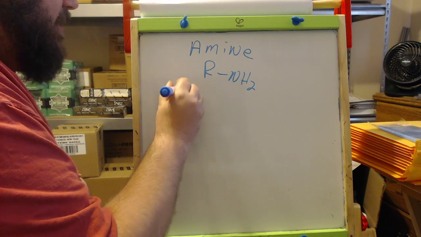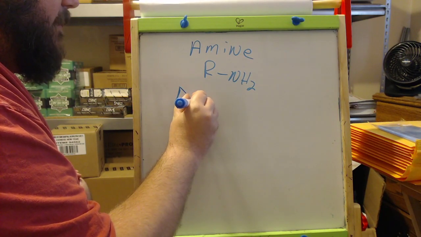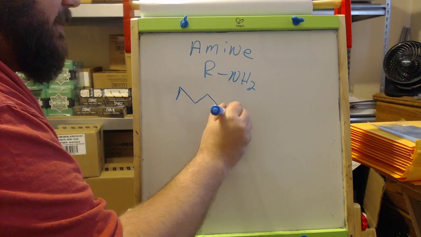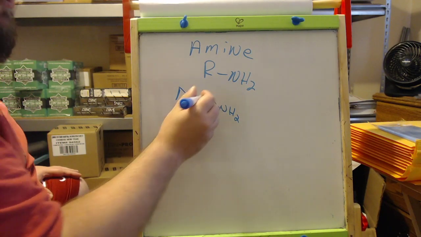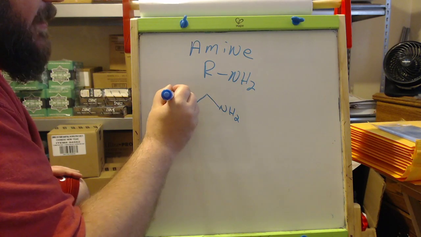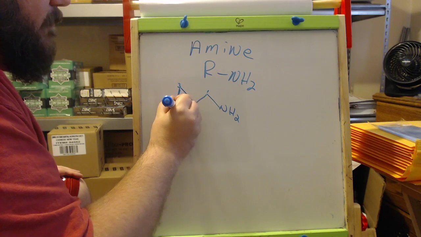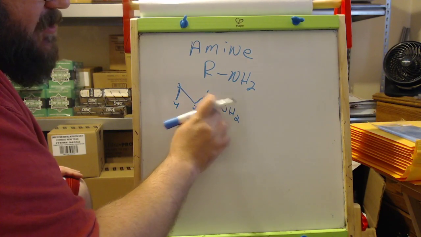So let's do it the skeletal way. Let's do it like this, but right there's an NH2. So I've got 1, 2, 3, 4 carbons. Here's the first, here's the second, here's the third, here's the fourth. That's not a carbon there because the point is not there.